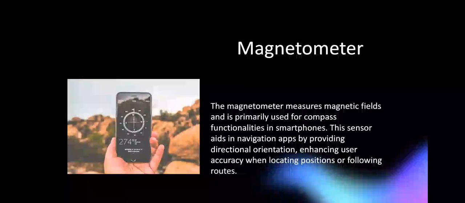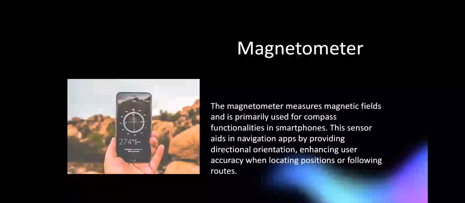This happens because of the magnetometer sensor. In this slide image you can see how we can use the magnetometer sensor in our smartphone, and how we can provide the compass functionality by using it.